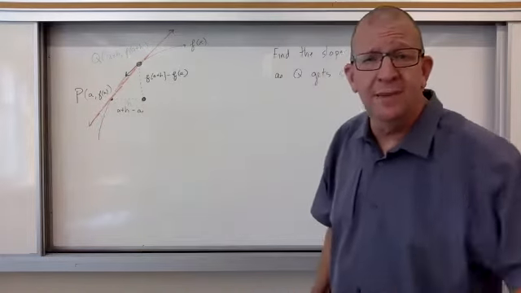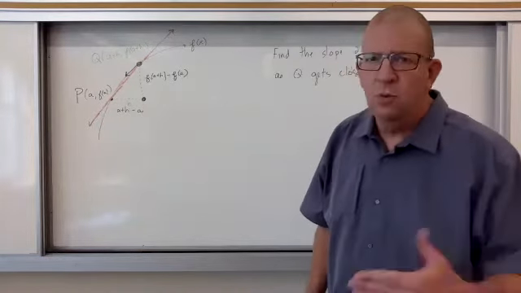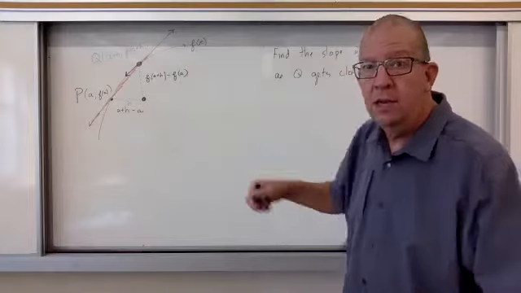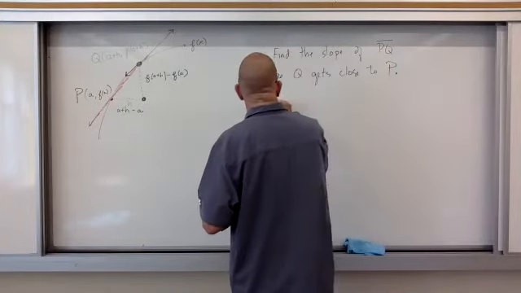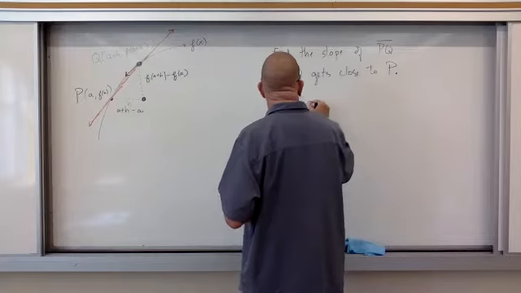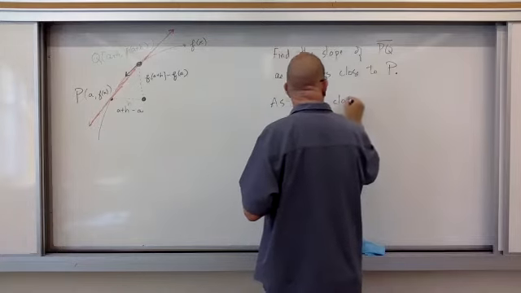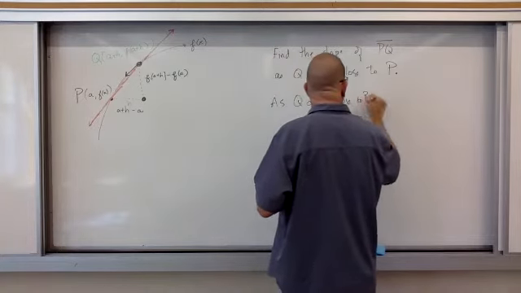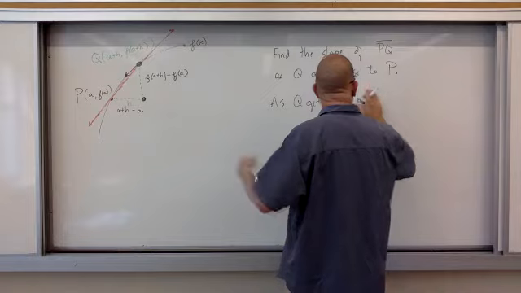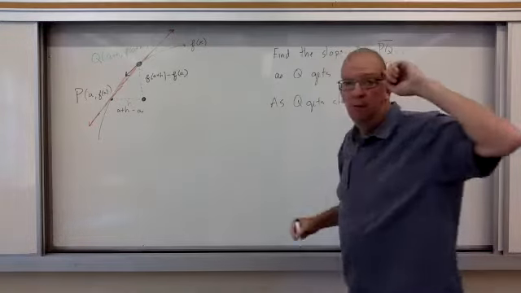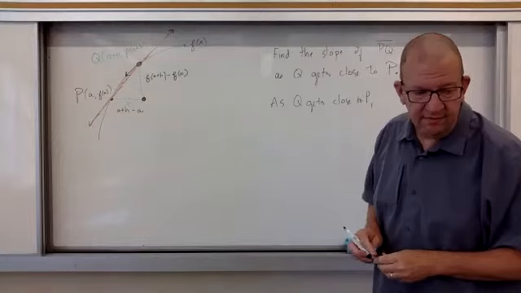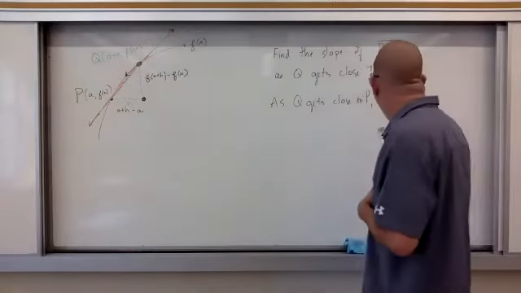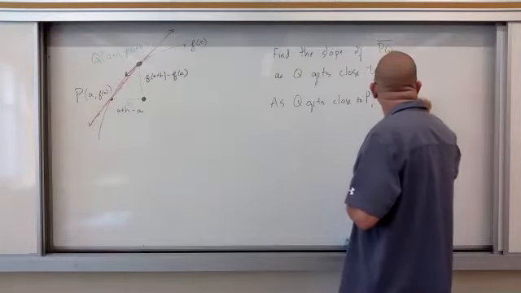The limit is what? The limit is Q gets close to P. Can we say that mathematically? Here's your question. Here's your statement. As Q gets close to P, what happens to h? Pensez, s'il vous plaît. Approaches 0. Yes. h approaches 0.